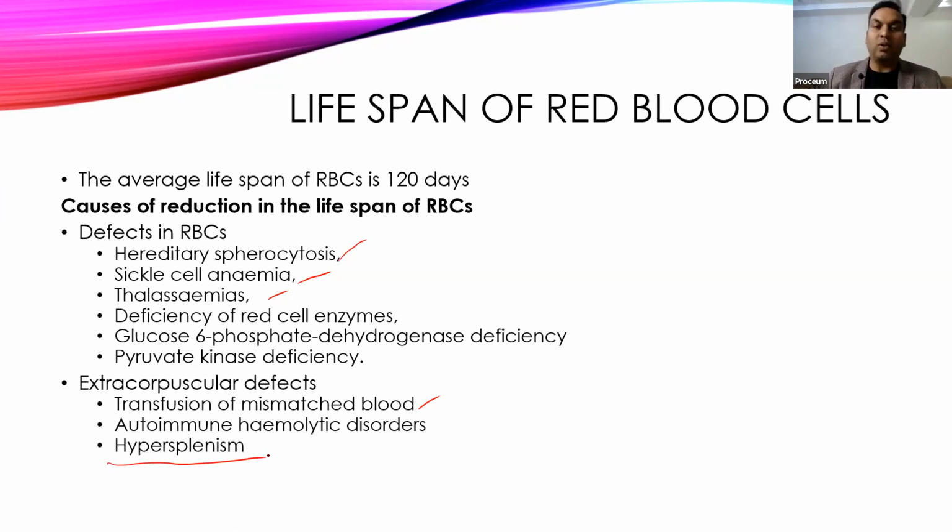And then splenomegaly, also called hypersplenism, where the spleen size increases, more and more blood goes to the spleen because of the increased spleen size, and more and more RBCs will be destroyed because the site of destruction has increased. So the rate of destruction increases, which leads to decreased lifespan of the RBC.